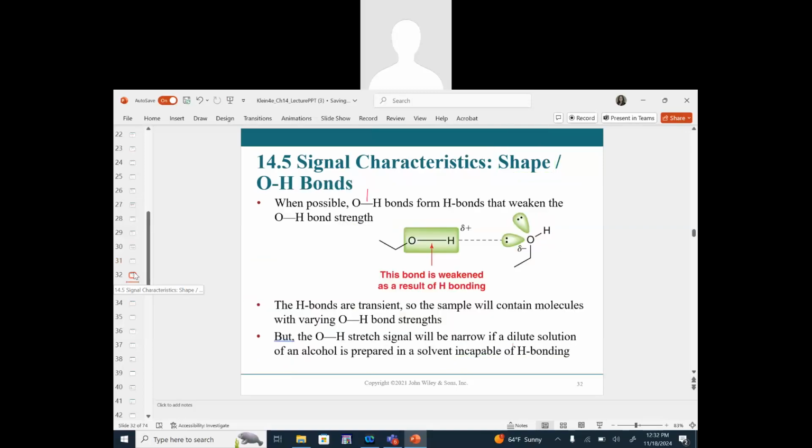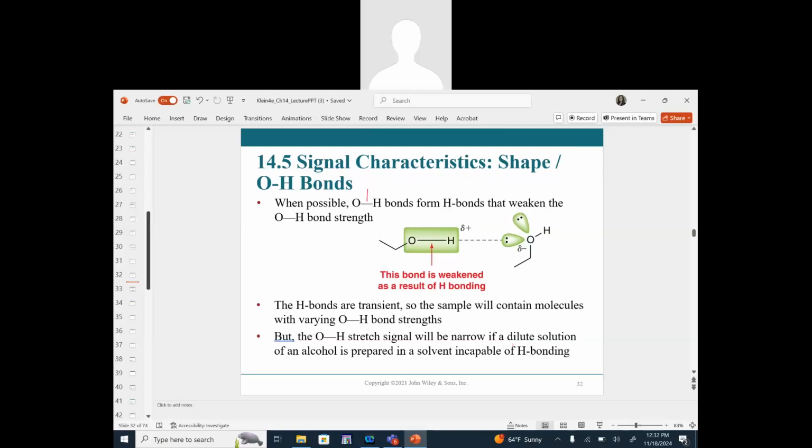So a common OH stretch, like I mentioned before, this OH bond in an alcohol, can be changed depending on whether we have a dilute or a concentrated sample. When hydrogen bonds form in a sample, our OH bond is weakened. So that's why we produce that broad signal with our alcohols.